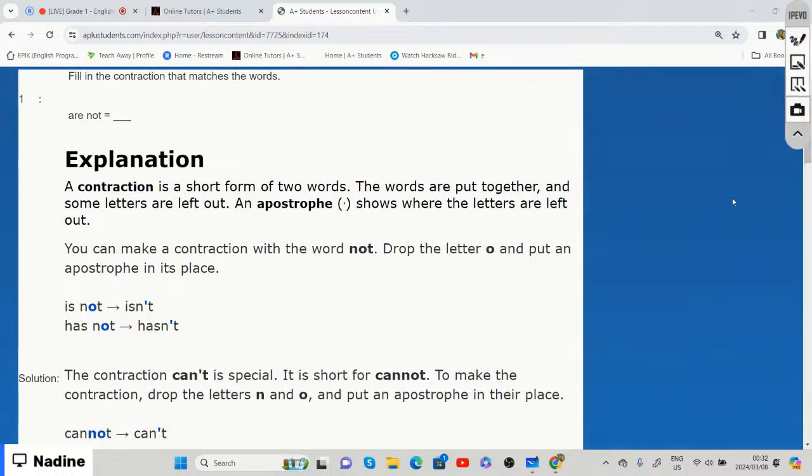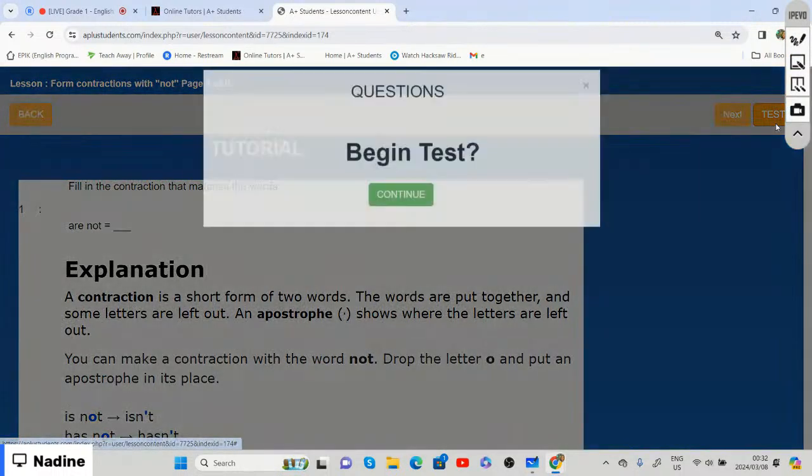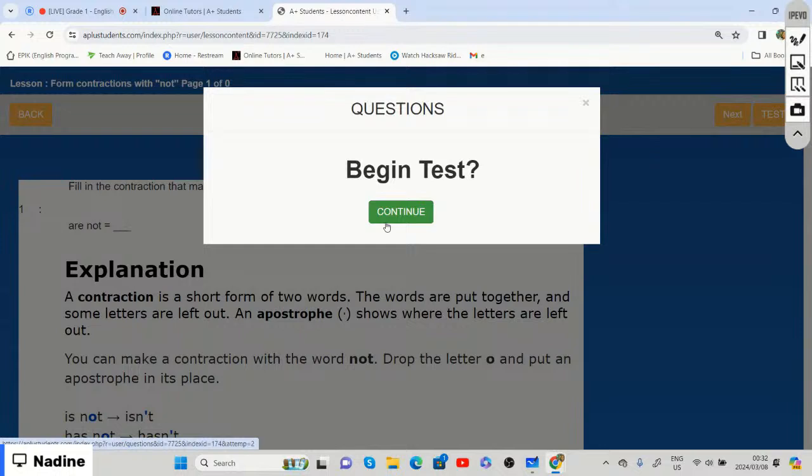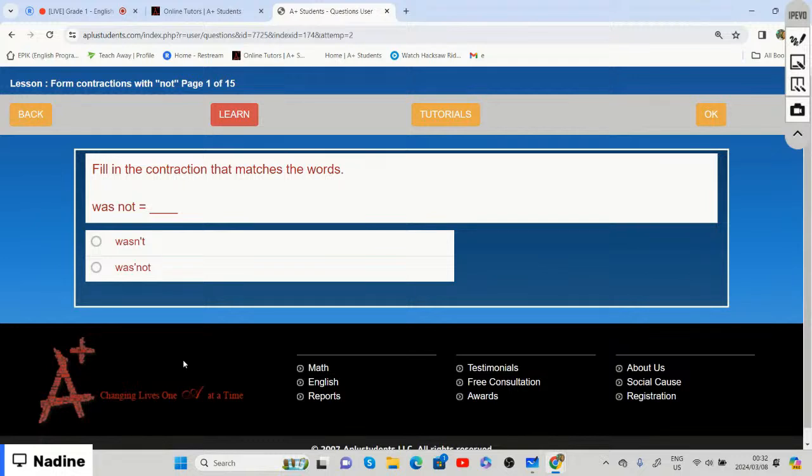All right, let us go to our test. So now we're going to begin our test, right? We need to find the contraction that matches the word.